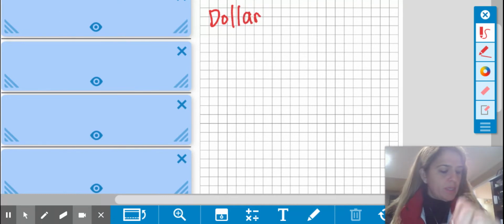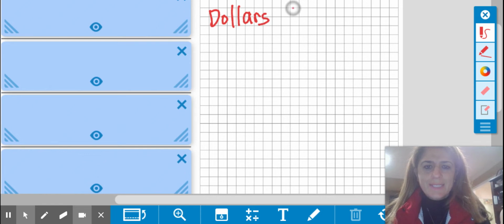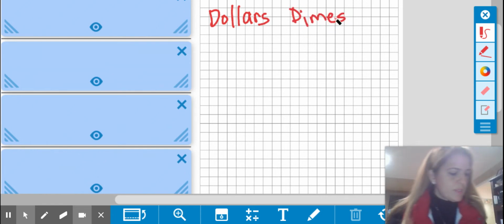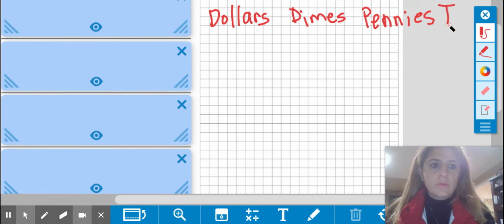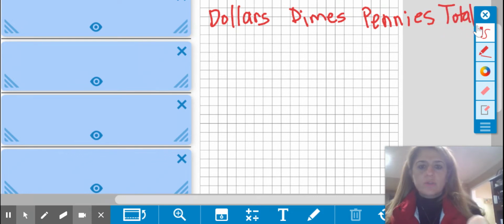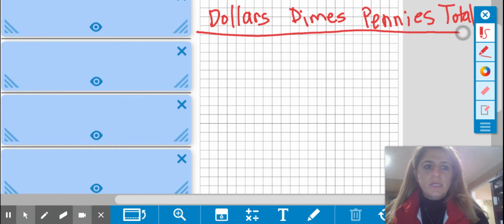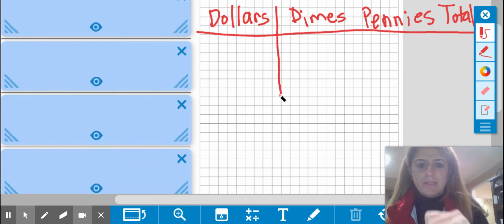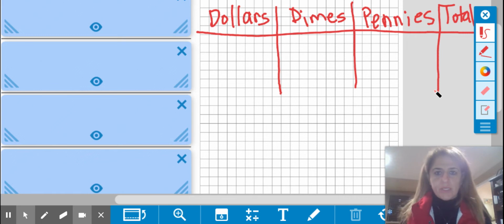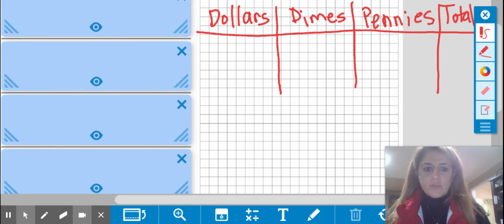And then we have some dollars, dimes, and then we also have some pennies, and then total. So T for total at the end. So put a line underneath. Just maybe a little bit going down because our problems are going to change.